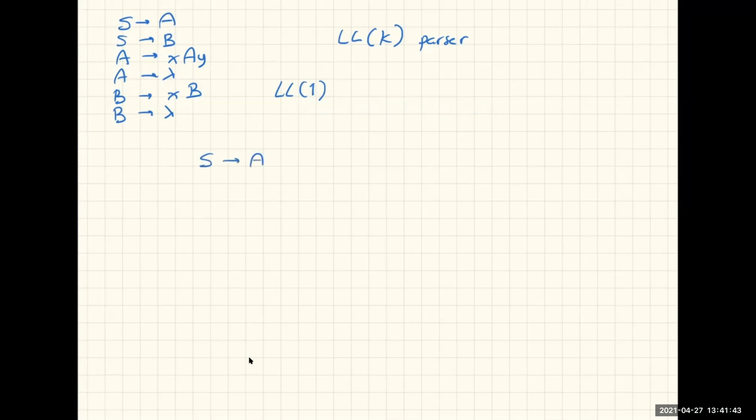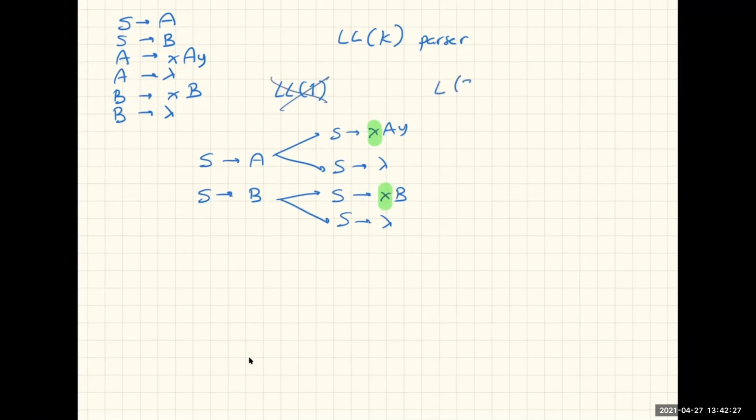If we focus on this and substitute them, for A we have XAY or lambda, and the second one can be substituted as XB or lambda. We won't care for lambda rules right now because we want to disambiguate with the others. And we can see that if we focus on the first symbol, we cannot disambiguate. Why? Because it's an X in both cases. So we cannot use an LL1.